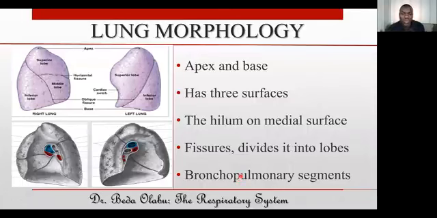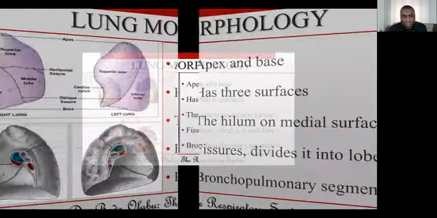If you remember that story of airway division, the first generation is the principal bronchus, which goes to each lung. Second generation is the lobar bronchus, which goes to each lobe. We have 3 on the right and 2 on the left. Third generation is the segmental bronchus, or others called tertiary bronchus, which goes to each bronchopulmonary segment.